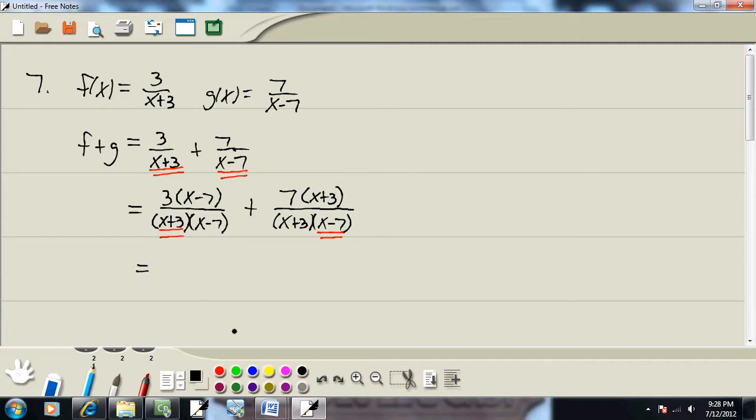The basic rule is wherever you multiply by the bottom, you have to multiply by the top. Well, 3 times x is 3x, 3 times negative 7 is negative 21, over our denominators. 7 times x is 7x, and 7 times 3 gives us 21, over these.